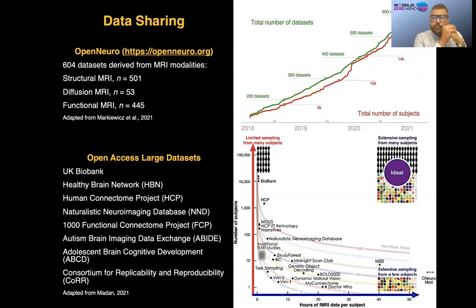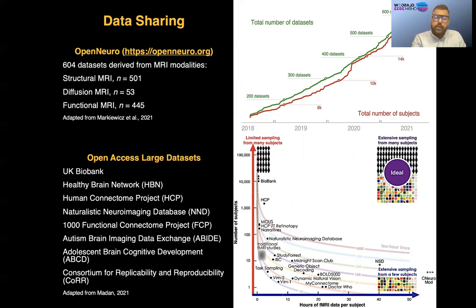So, like I said before, data sharing has been gaining significant traction in the last couple of years. And there has also been a development into hosting these large-scale data sets. Such a platform for hosting open source data is called OpenNeuro. So you may have heard about OpenNeuro.